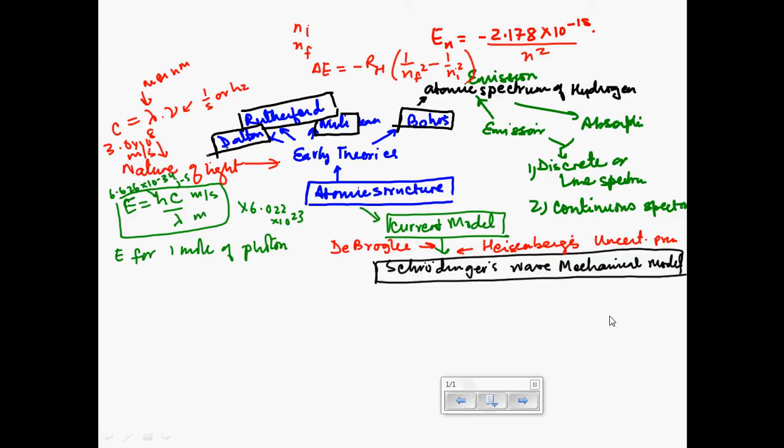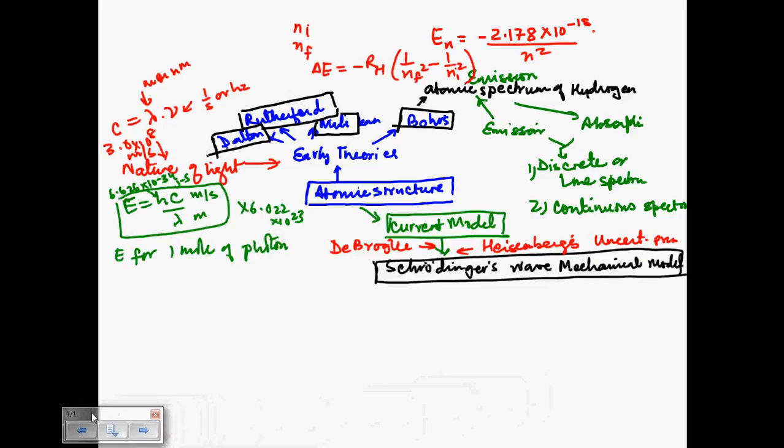And Schrodinger's wave mechanical model could explain the emission spectrum of even more complicated atoms, and it stands true to today. So what is Schrodinger's wave mechanical model? It says that the atom looks like a beehive. Bees buzzing in and out of the hive.